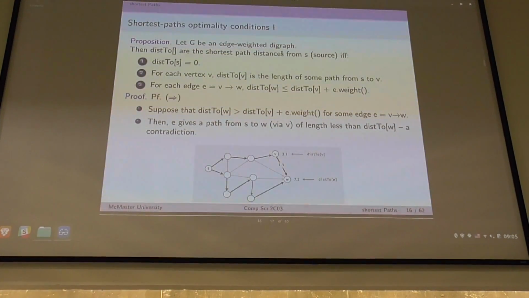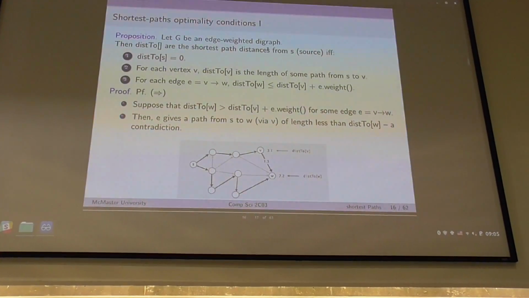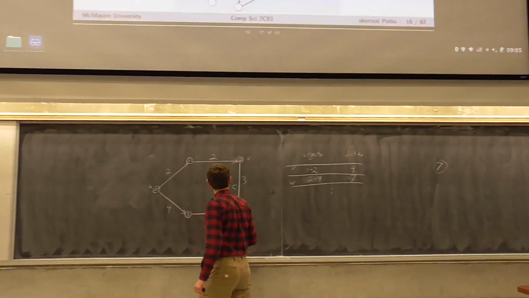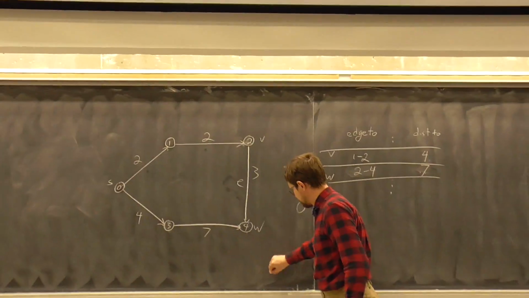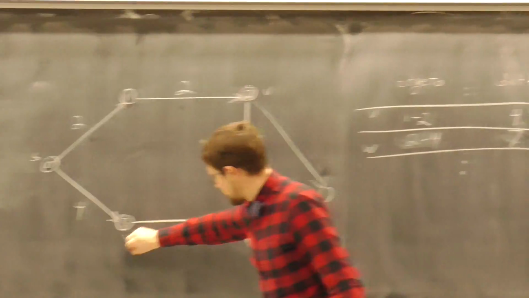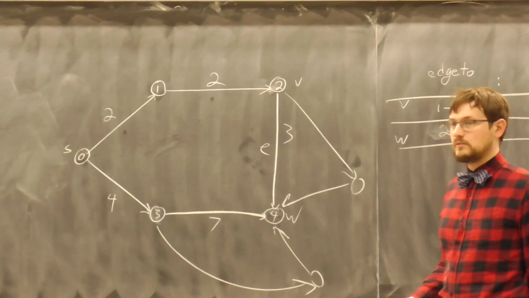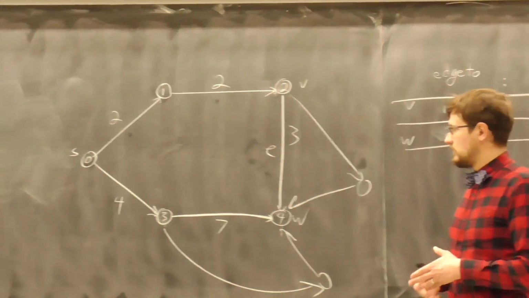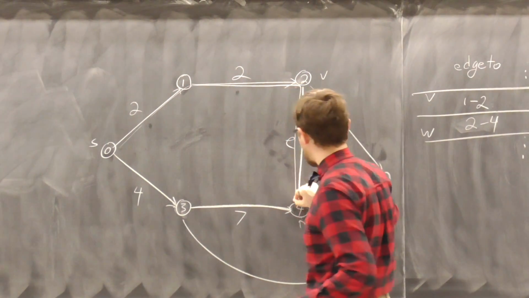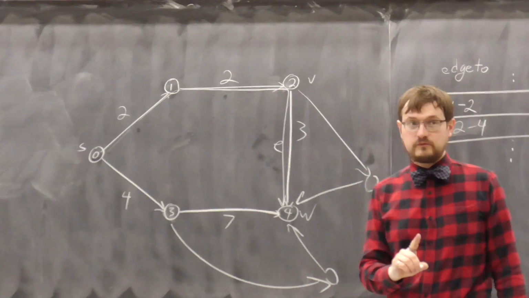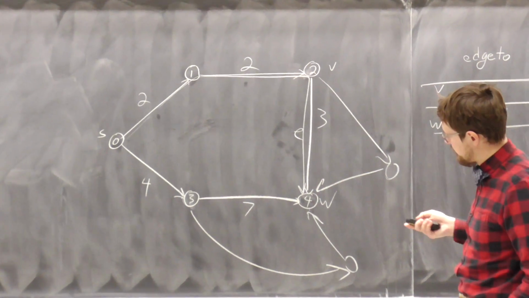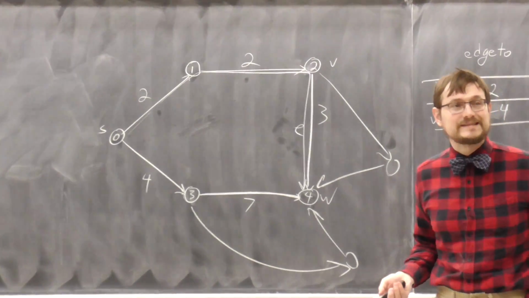So basically, another way of saying this. Let's say we had a couple of vertices all pointing to w, right? This is the shortest path to w if and only if there is no path through any vertex of lower weight, right?